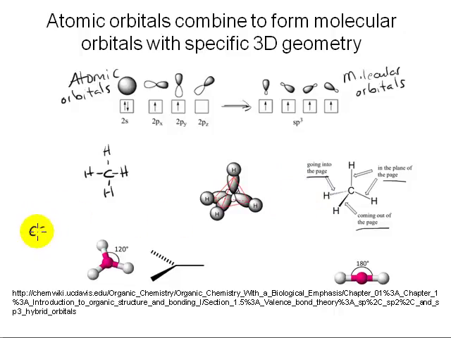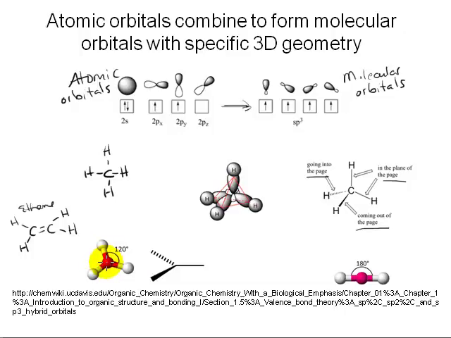Now, what happens if carbon is bonded to fewer than 4 atomic partners? Well, then we see different hybrid orbitals forming. So, for example, if carbon is only bonded to 3 atomic partners, as we see with each carbon in ethene, the 2s orbital and 2 of the 2p orbitals in carbon's second shell will then hybridize to form 3 sp2 orbitals that all lie in the same plane, as shown here.